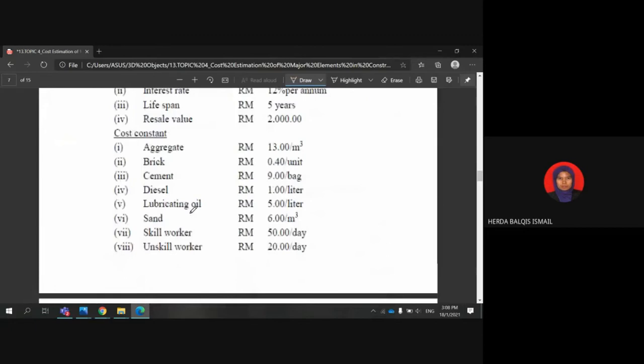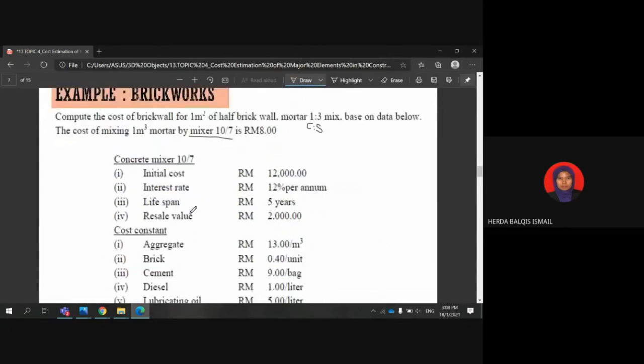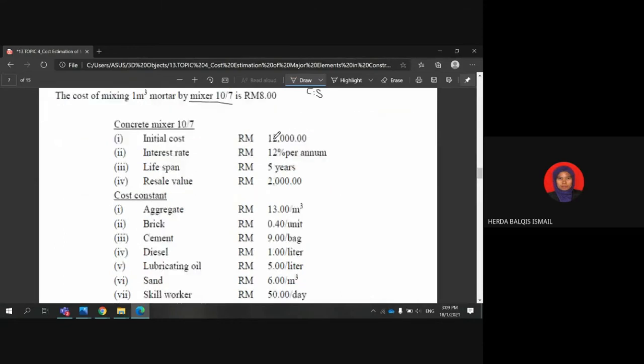I just want to remind you, if the cost of mixing is strictly given in the question, you need to use the given value straight away. If it is not given, then we need to calculate or estimate the cost by using the given pricing.